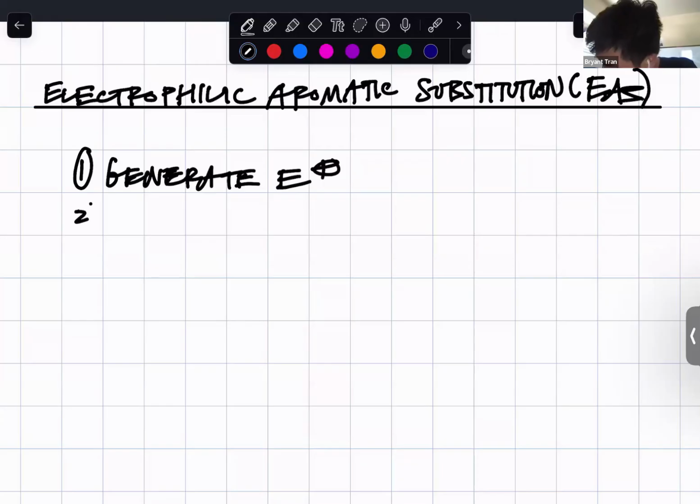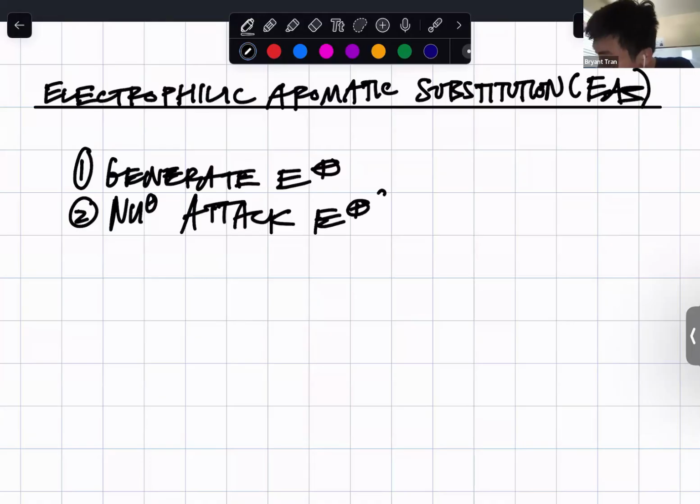The second step is to have the nucleophilic benzene attack the electrophile that we created in the first step, which will break aromaticity. That would make it less stable.